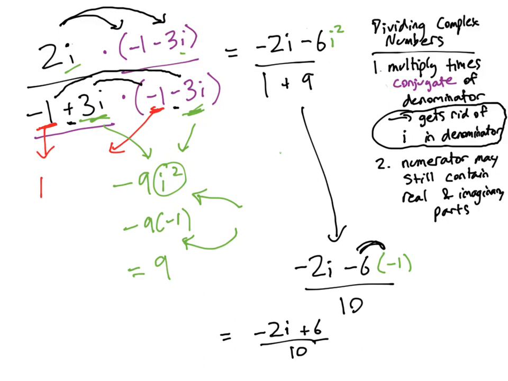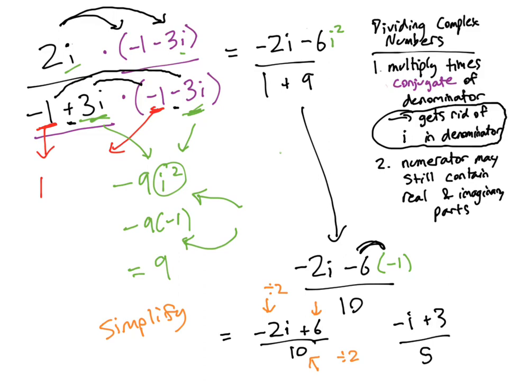And now that we're dealing with a fraction, we should check and see if it's possible to simplify by dividing by common factors in the numerator and denominator. Every term in this fraction is divisible by 2. So let's divide the numerator and denominator by 2, and we'll just get negative 1i plus 3 over 5.